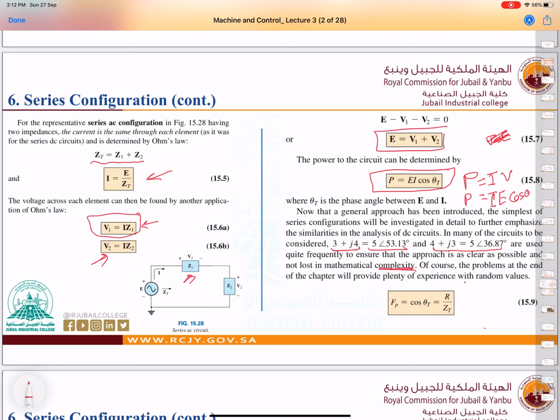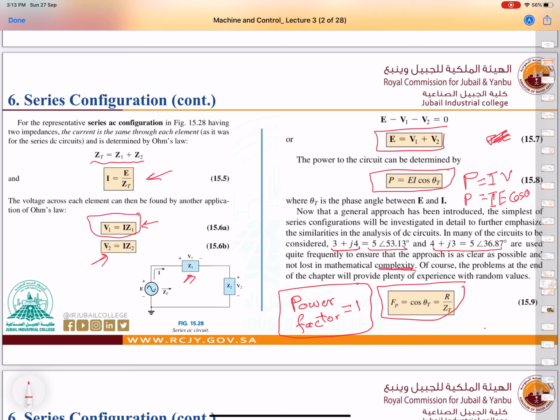Okay, this is the power factor. I'm not sure you know the power factor, but when we say the power factor is equal to 1, it is called unity power factor, so we don't have losses in the system.